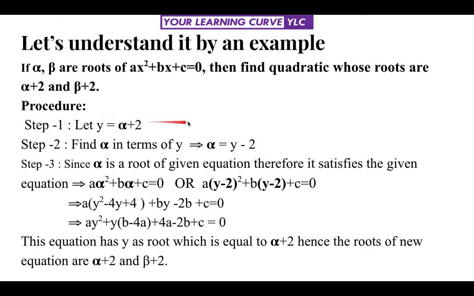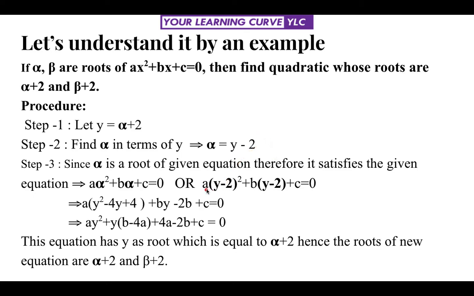From here, on solving, we get alpha is equal to y minus 2. Now, this alpha is the root of the equation ax square plus bx plus c is equal to 0. This alpha must satisfy this equation. So, we can write a alpha square plus b alpha plus c is equal to 0, but alpha is equal to what? Nothing but y minus 2.